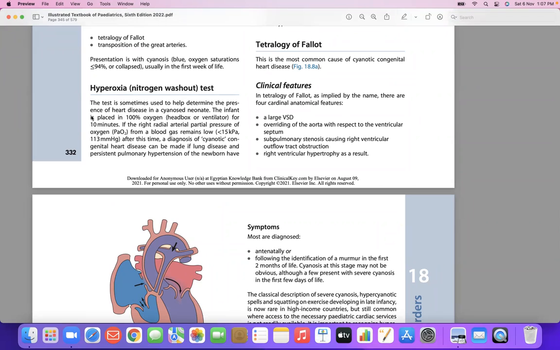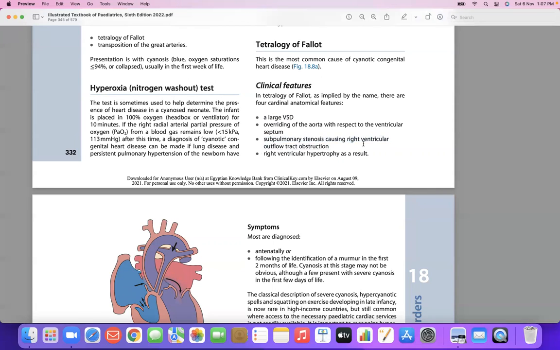Tetralogy of Fallot is a very common case and you should know it in and out. So the four features we see are the large VSD, then overriding aorta with respect to the ventricular septum, then subpulmonic stenosis causing right ventricular outflow tract obstruction, and right ventricular hypertrophy as a result.